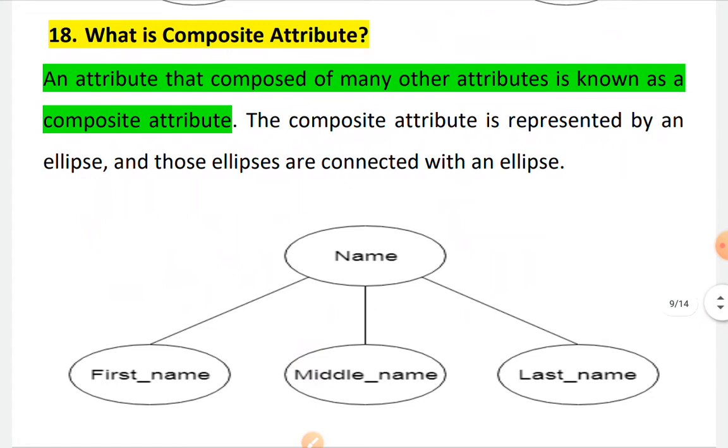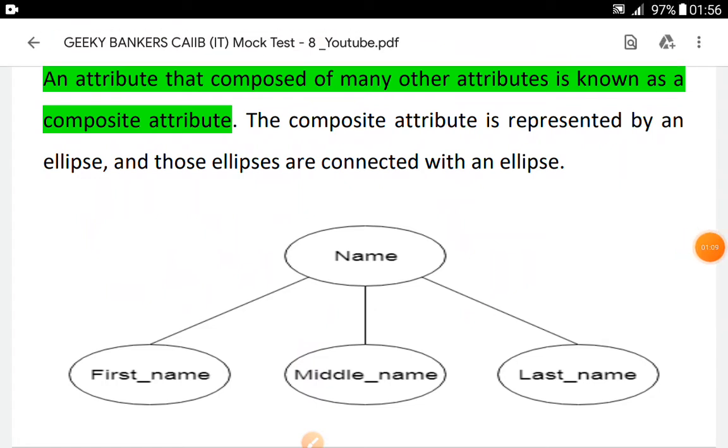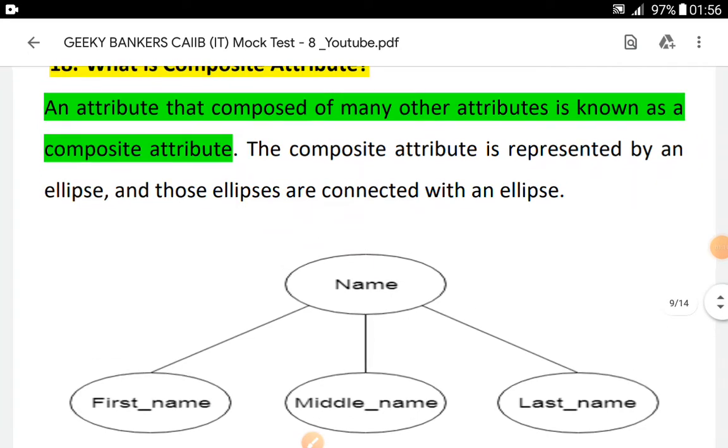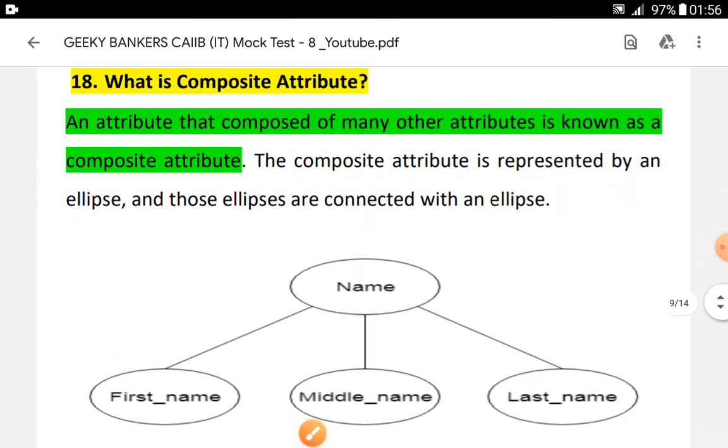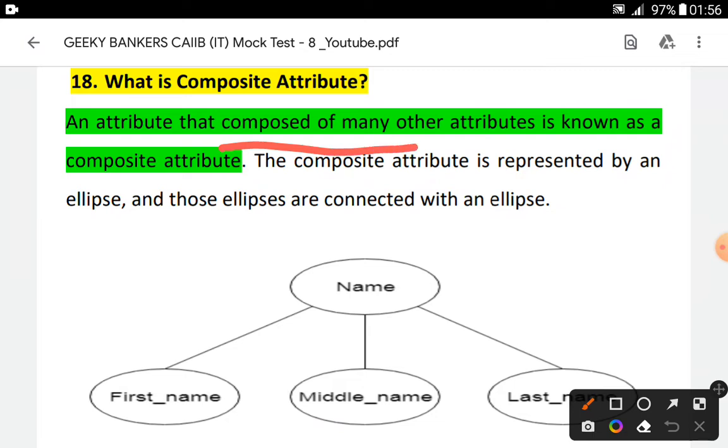So there is a question, what is a composite attribute? Composite attribute क्या है? An attribute that is composed of many other attributes is known as a composite attribute. ठीक है, composite attribute.